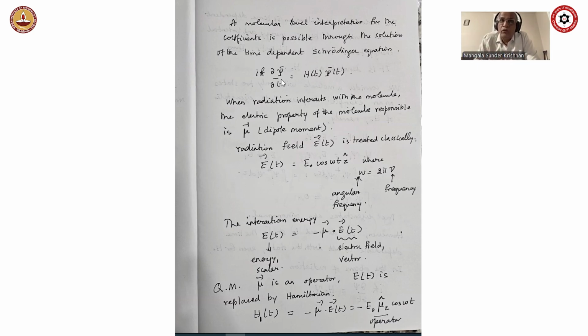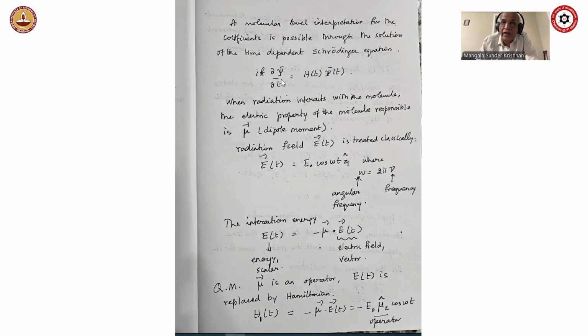Now, when you say the molecule interacts with the electromagnetic field, remember, the electromagnetic field is an electric field and a magnetic field oscillating perpendicular to each other and oscillating in time. So the electric field, for example, which is oscillating in time, has a magnitude E0 times cosine omega t.